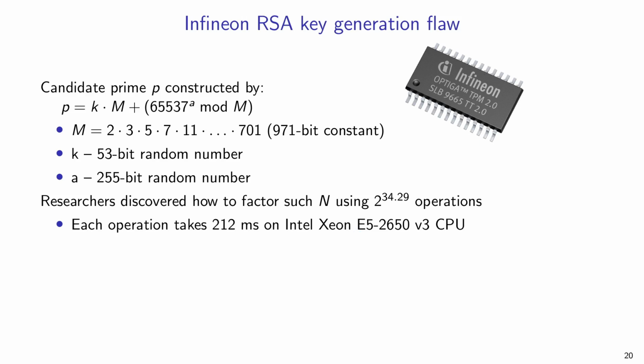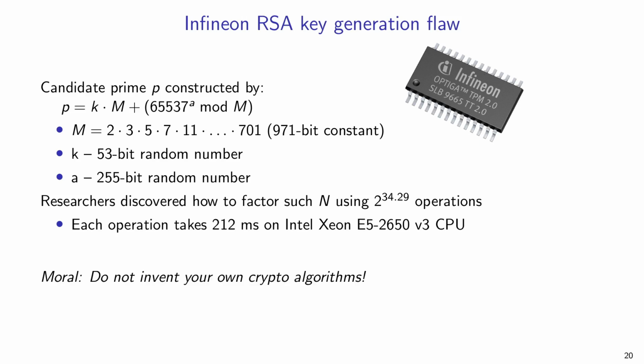Now, even though a 35-bit security level is quite small, if we calculate, we can see that if each operation takes 200 milliseconds, then the total time required to factorize the modulus is more than 100 CPU years. But this is not a problem, because for a few thousand euros it is possible to rent out hundreds of CPUs and perform the attack in several days or maybe even a few hours.